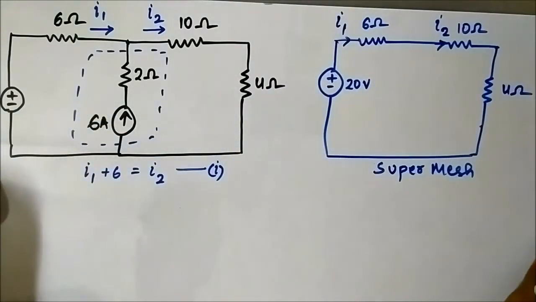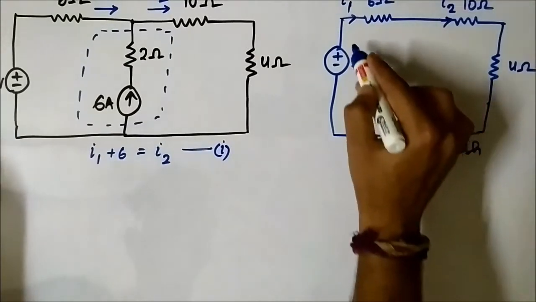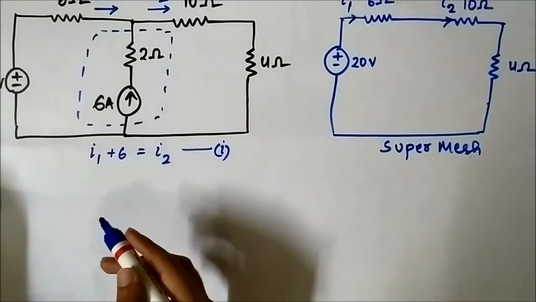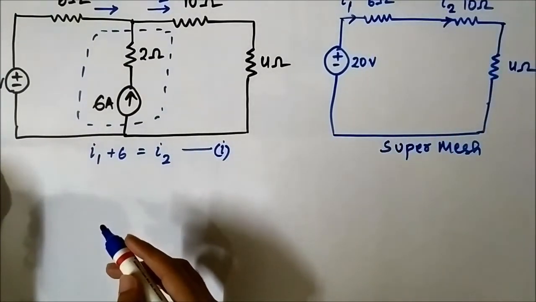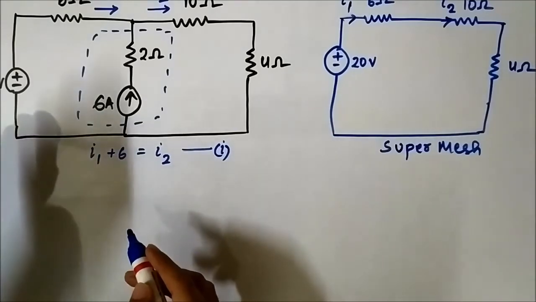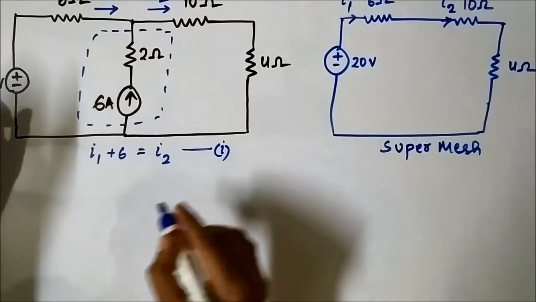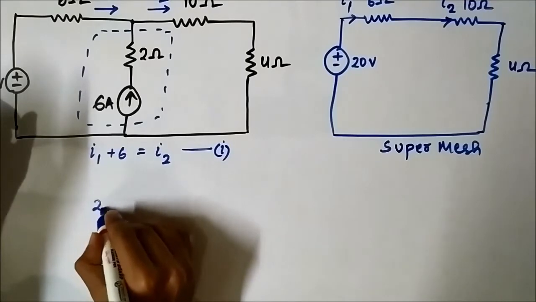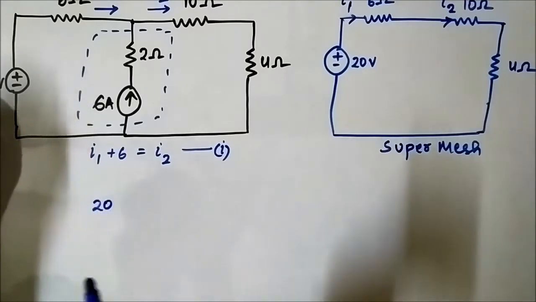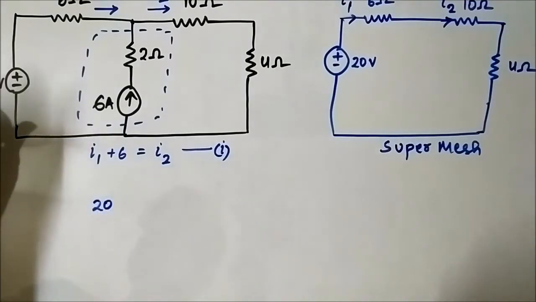Now we have to apply the KVL equation to this super mesh. I am using the sign-dominating method for the KVL equation.